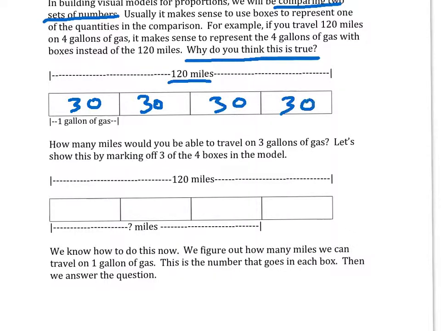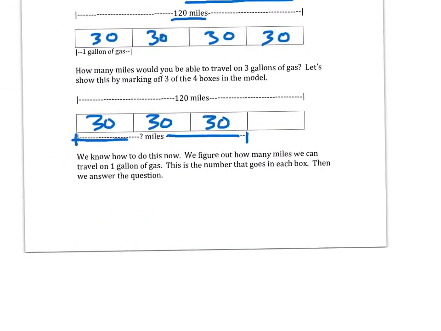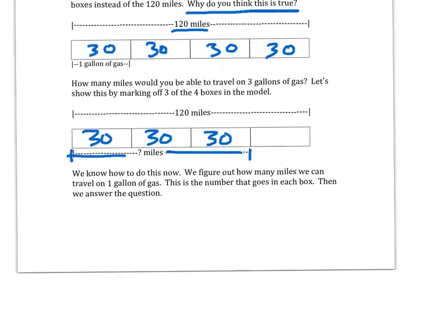So if you have a question that asks you to apply this, something like, how many miles would you be able to travel on 3 gallons of gas? You can mark off the 3 boxes like we have here, and since you know that each one is 30, you could say that the answer for traveling on 3 gallons of gas in this problem will get you 90 miles.